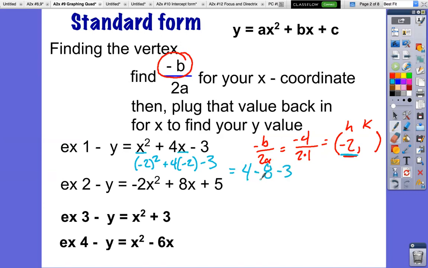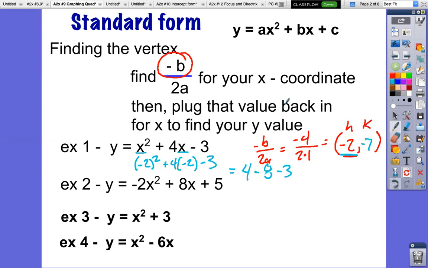And again, 4 minus 8 is -4, minus 3 is -7. And this is the heart of the lesson of what we're doing. You have to be good at this, and you have to be kind of quick with it.